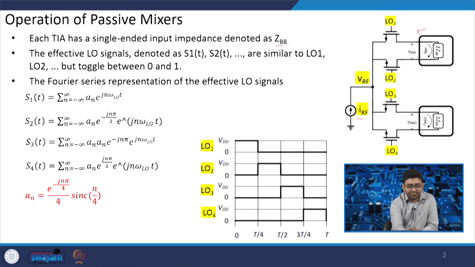S1(t), which is the sum over n from minus infinity to infinity of a_n e raised to j n omega LO t. S2(t), because this is non overlapping, it is shifted by pi by 2, so e raised to minus j n pi by 2 e raised to j n omega LO t.